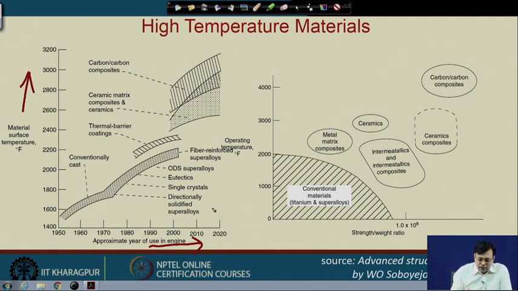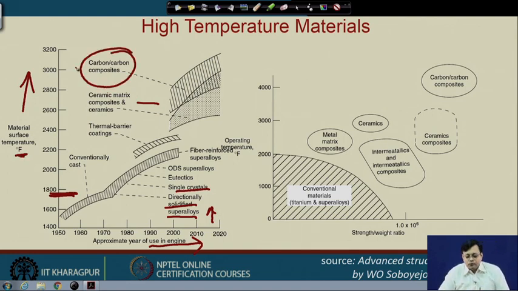So, here you can see in 2010 or 2020, the mostly developed materials are the ceramic matrix composites, even though the single crystals and directionally solidified superalloys have been developed, but their temperature capability is relatively lower than the carbon composite, and therefore, on all spacecraft the outer surface is made out of carbon composites.